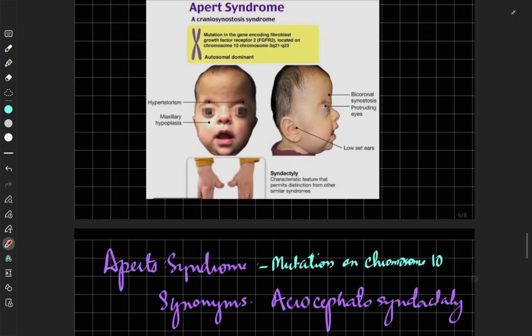Now we come to Apert syndrome. It is also a craniosynostosis syndrome, with a mutation in the fibroblast growth factor receptor gene, the same gene FGFR2, located on chromosome 10, here at 10q25. 2 is the region, 5 is the band, q you know what it is.